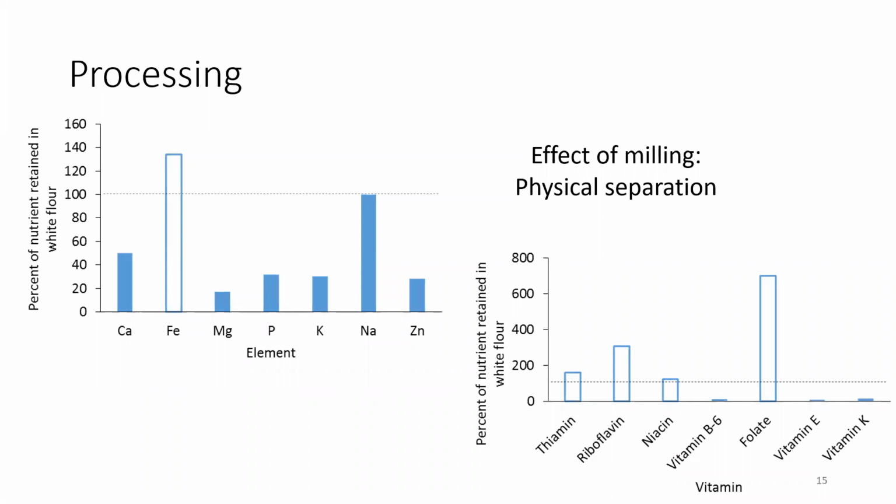We add a lot of those vitamins back to white flour, but except for iron, we don't add the elements back. And so we lose a lot of those, especially magnesium, which people generally aren't getting enough of. That's one that isn't added back and is lost. Same with zinc too.